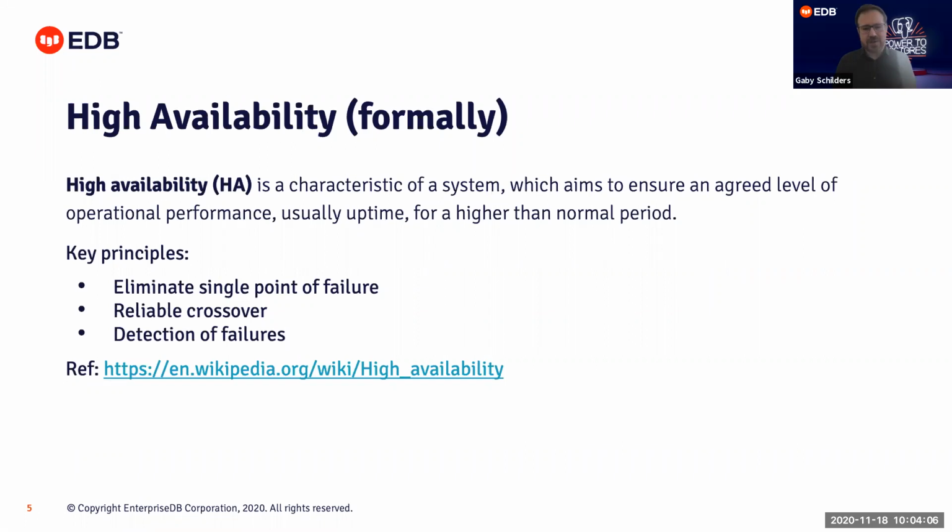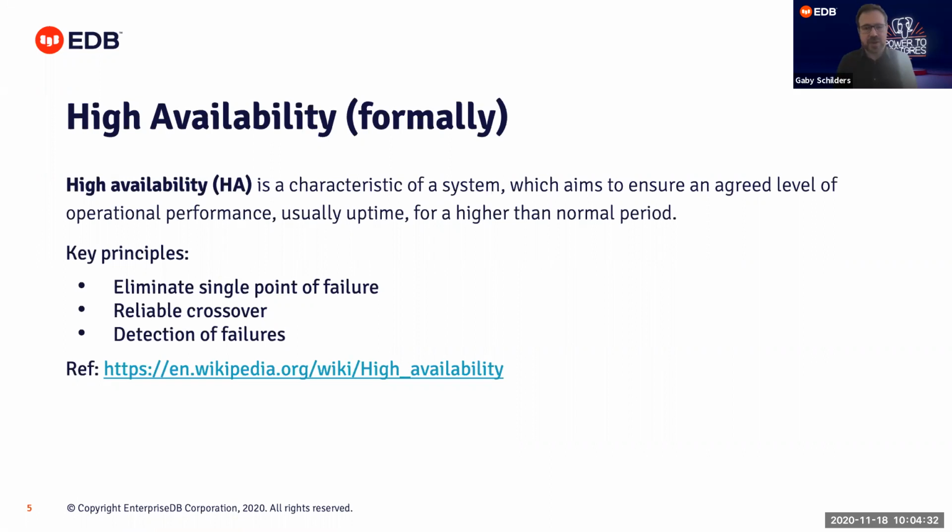High availability is defined as a characteristic of a system which aims to ensure an agreed level of operational performance, and that's usually uptime, for a higher than normal period. And this is already contentious because what is normal? And for which parts of your business which levels of HA are required, for instance.